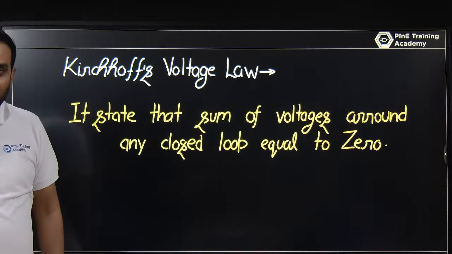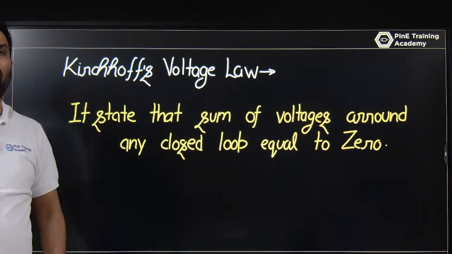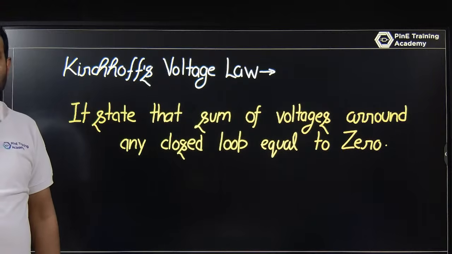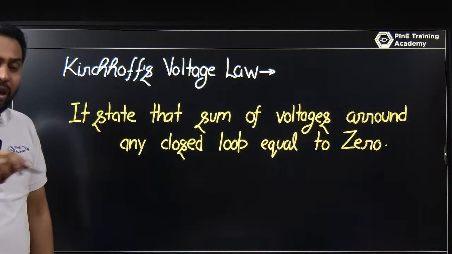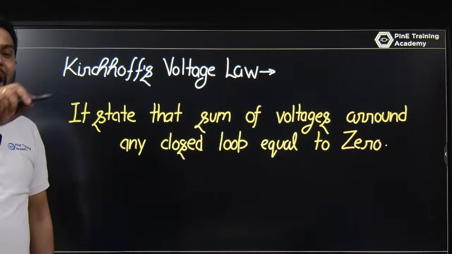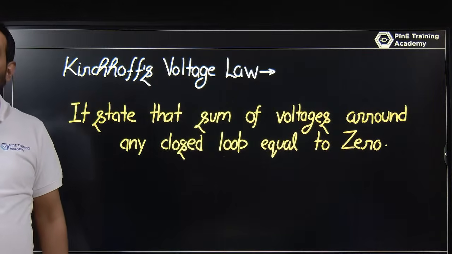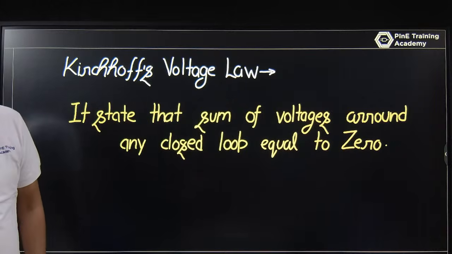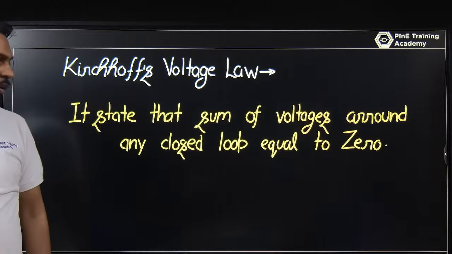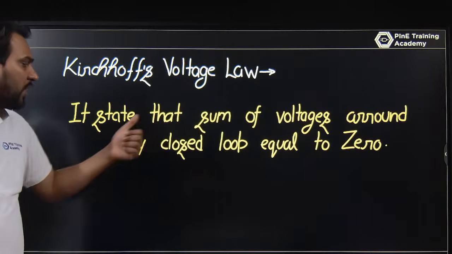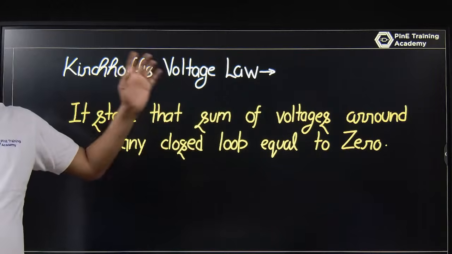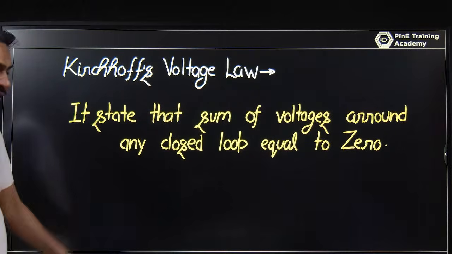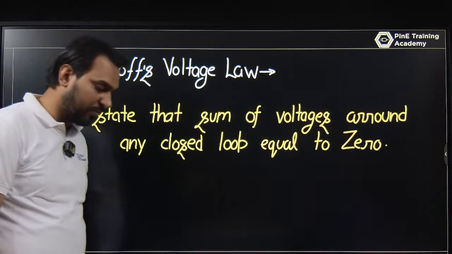What is the meaning of algebraic sum? Algebraic means the sign. If you connect all these voltages, with the direction and sign of each, you find that the overall voltage is 0. The algebraic sum of voltage in any closed loop equal to 0. That is called KVL, Kirchhoff voltage law.